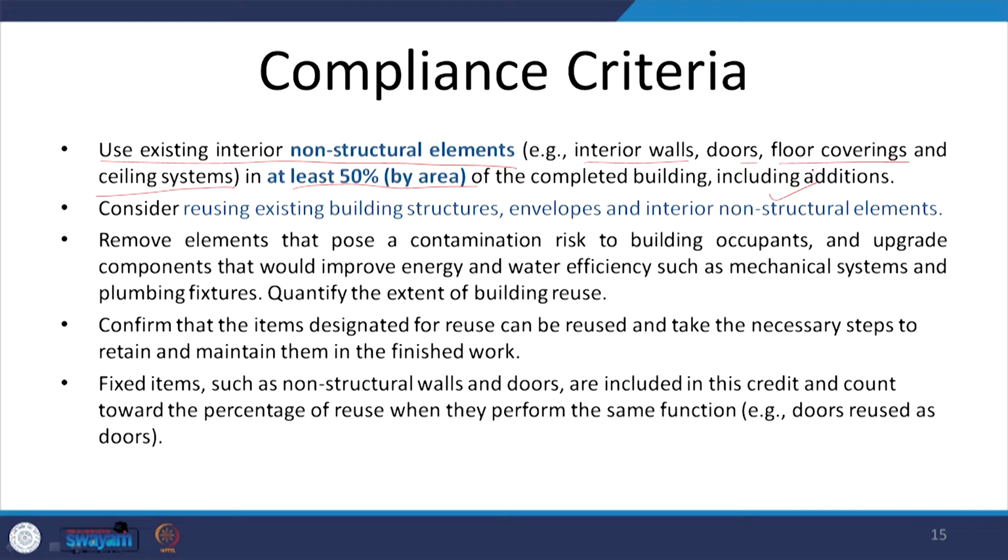The compliance procedure remains exactly the same, and the process that we follow also remains the same. So, first of all, we prepare an inventory of the existing systems. We prepare detailed drawings, and we calculate how much of what element is available in terms of area.